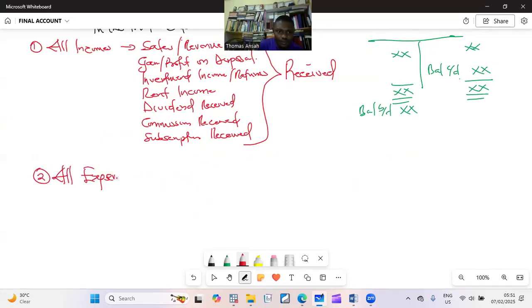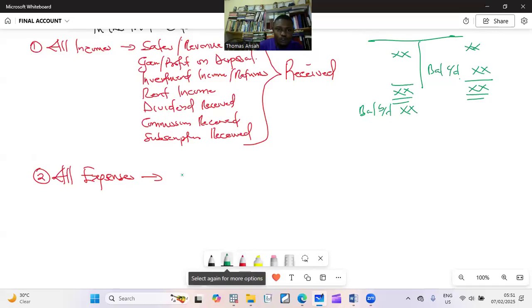You can name any expense: rent expense, subscription paid, internet subscription, wages and salaries, carriage outwards, everything. Purchases, they are all forms of expense. Some are direct, some are indirect.